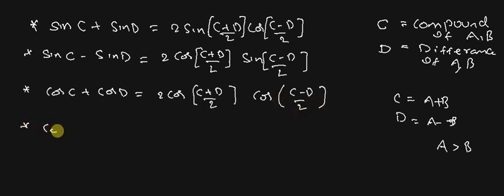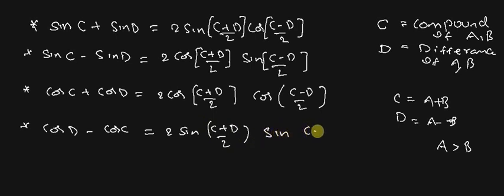Next thing, cos D minus cos C is equal to 2 sin (C plus D) by 2 into sin (C minus D) by 2. Right? Copy these results somewhere in your notebook and read it perfectly.